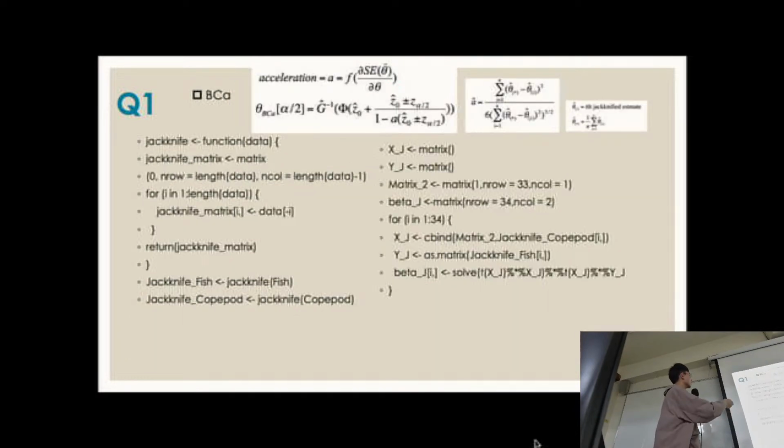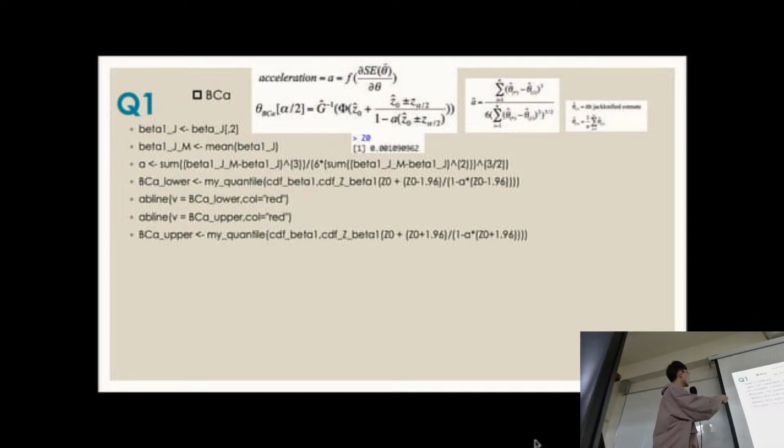And the next is BC acceleration. And the A is followed by the jackknife method. So I have to calculate the jackknife of the beta 1, and this is from the previous homeworks. So I have the beta 1, the J, and the beta 1 J, and this is the mean of the jackknife.